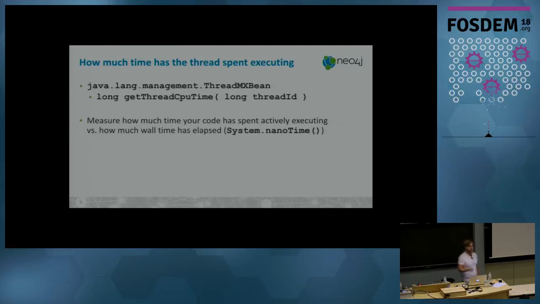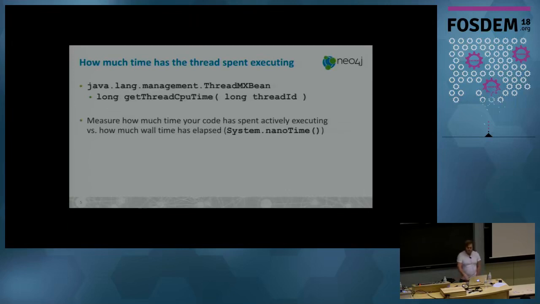This is really useful for measuring how much your application is actually executing versus being swapped out and idle, for performance measurements on a different level than what you can do with System.nanoTime. System.nanoTime is very good for measuring wall time, but you might also be interested in how much time that code spent actively executing and not just being swapped out.